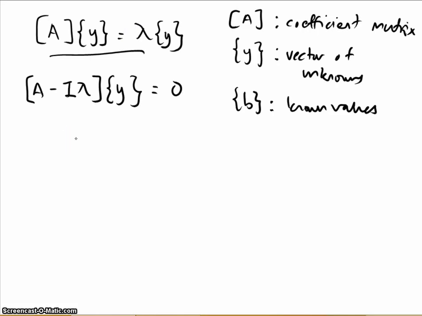So a trivial solution to this kind of system is the case where all your y values are 0. If all your y values are 0, then they will satisfy this equation. Of course, we are not interested in trivial solutions because they are meaningless to us from an engineering point of view. So we are looking for non-trivial solutions for this system of equations.